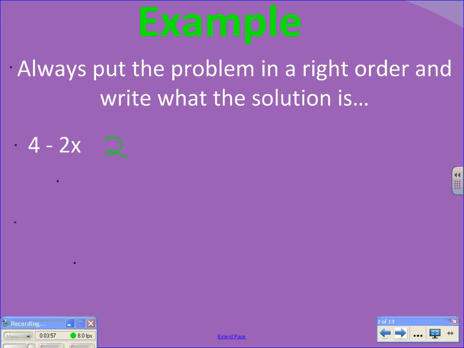So it would be negative 2x plus 4. It would be a linear binomial because it has 2 terms.